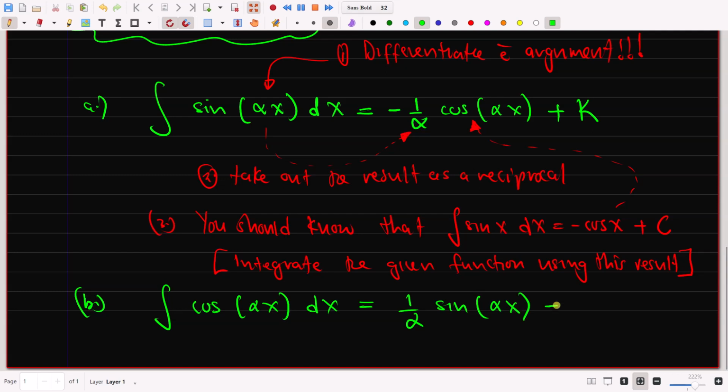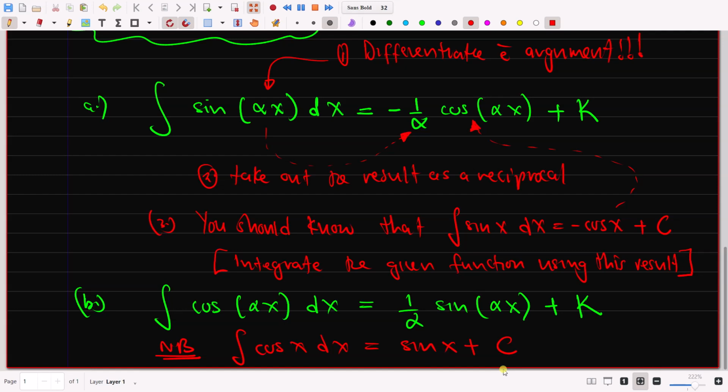So we still have the same kind of information. It's just that now the integral of cos is actually sine. What you have to pay attention to is that the integral of cos x dx is just sine x plus c.